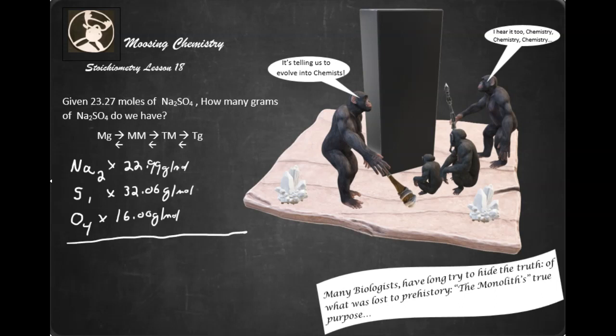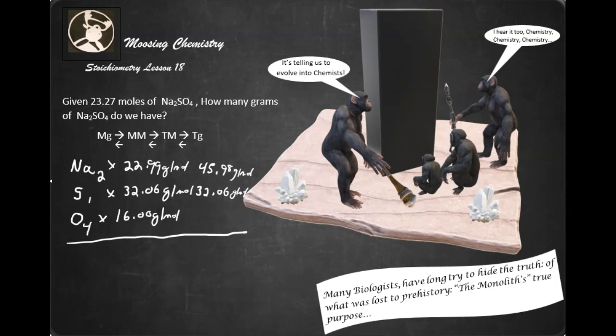So 2 times 22.99 is going to equal 45.98 grams per mole. That was simple. And of course, anything times 1, right? So it's going to give us 32.06 grams per mole of sulfur.